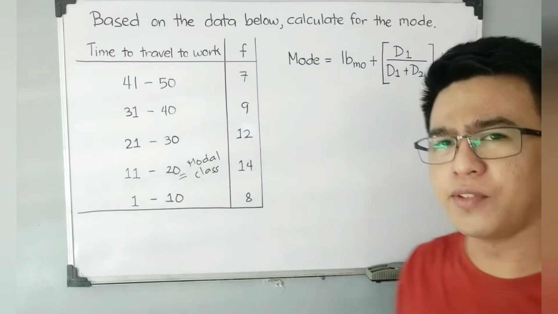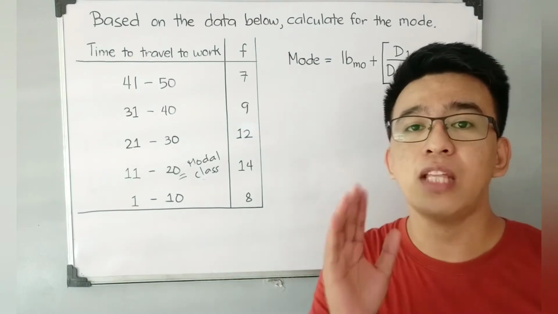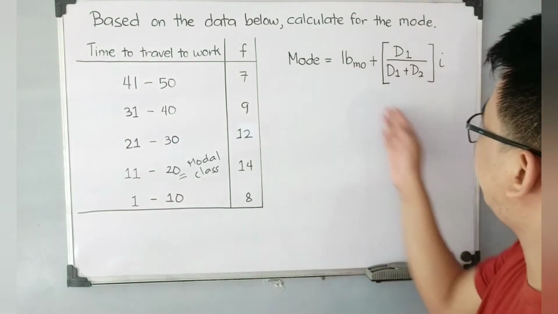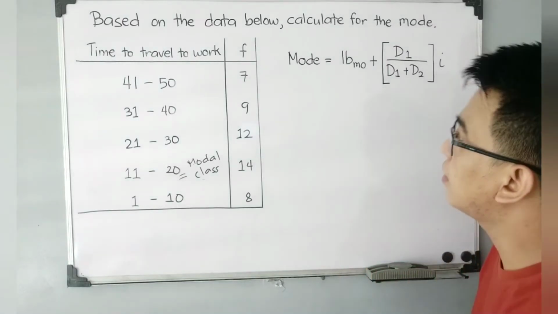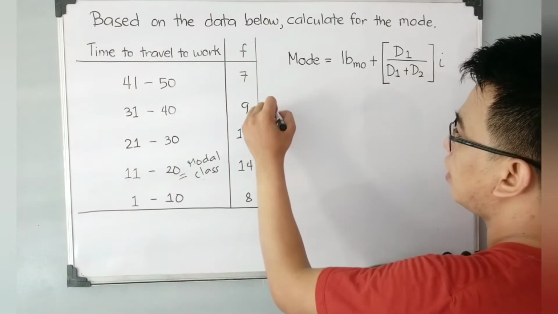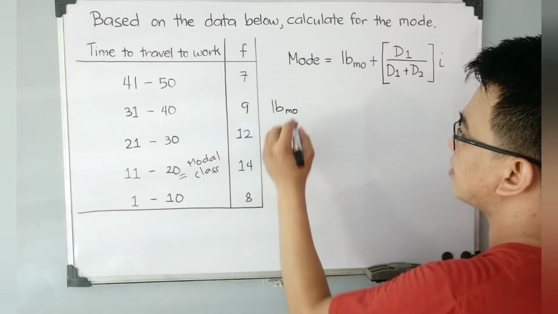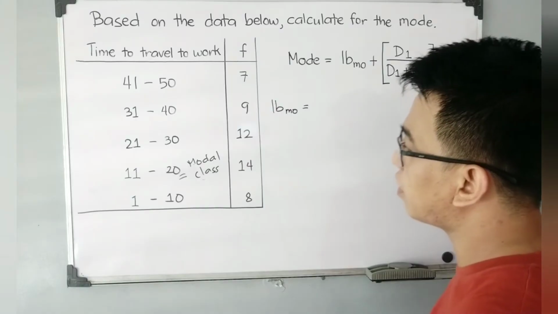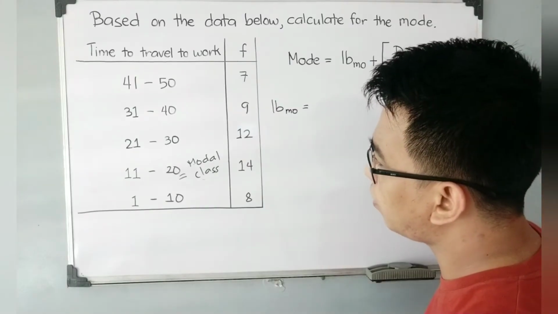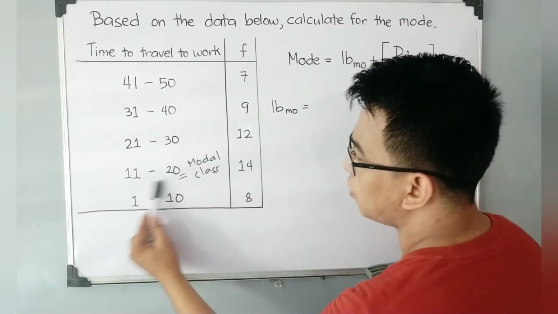It is important for us to identify the modal class because it will dictate the value of these elements. First, we have the lower boundary of the modal class. For you to find the lower boundary of your modal class, focus on your modal class.